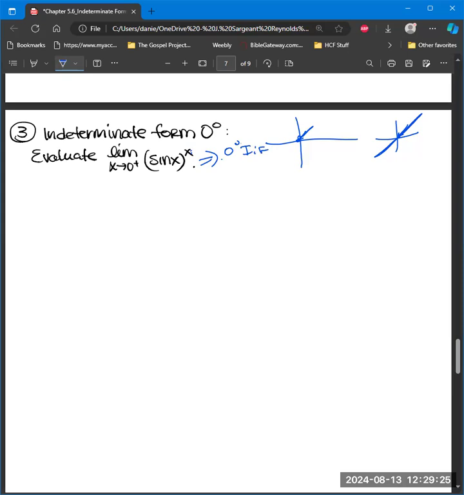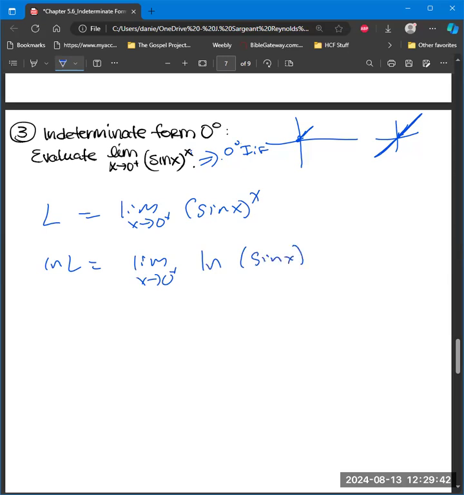So let's use my same idea of L equals this limit. Once I get to this point, I'm coming at ln of 0 here.